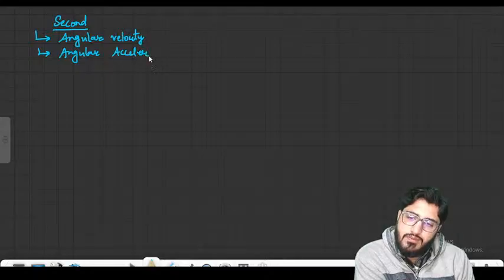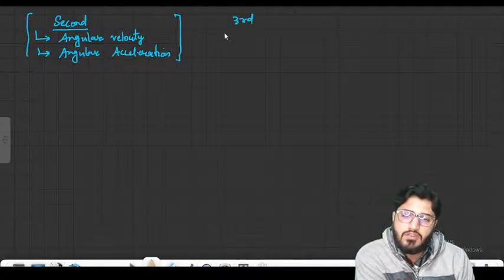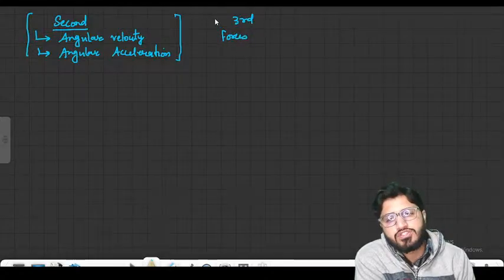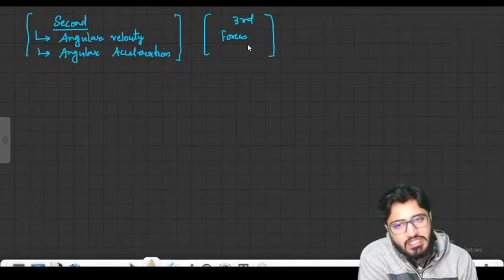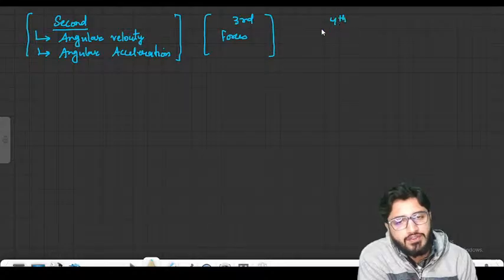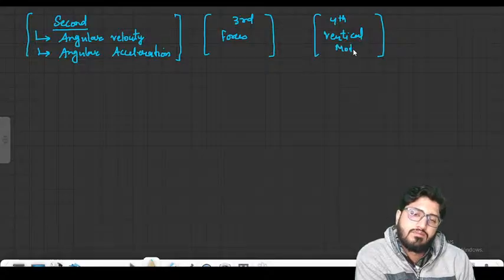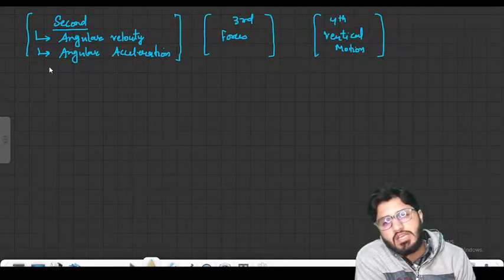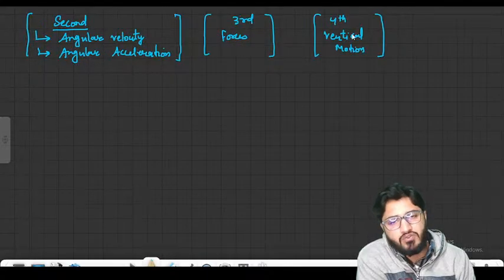In the third class we will discuss forces: centripetal force, centrifugal force, bending of rods, all these things. And in the fourth class we will discuss vertical motion.